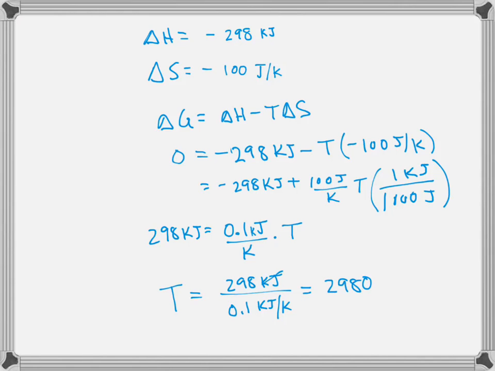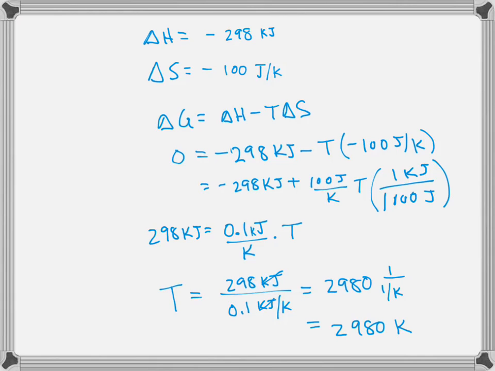If we look at our units, our kilojoules cancel, and we'd get 1 divided by 1 over Kelvin, which is the same thing as Kelvin. So where we see that transition is at 2,980 Kelvin. So that's a really high temperature.